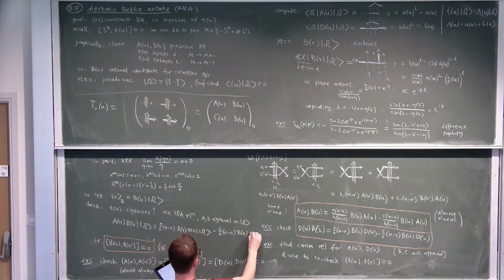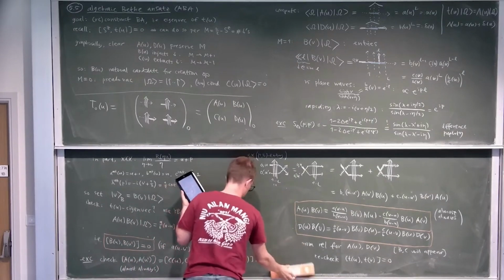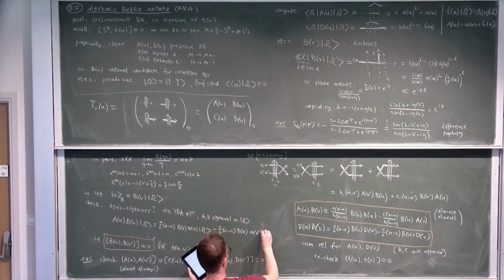Now A on omega, so now we get alpha, but now on V because they swapped parameters. So alpha of V omega.